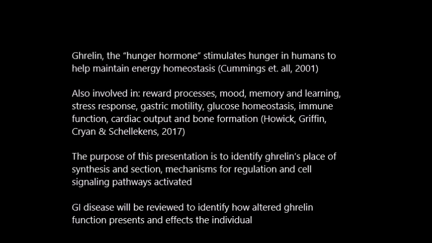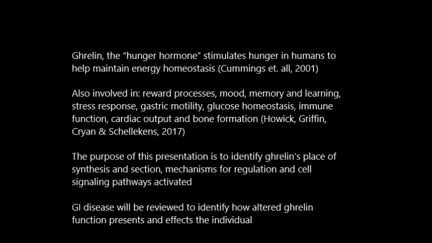As there are numerous pathways, only those associated with endocrine and gastrointestinal systems will be covered.